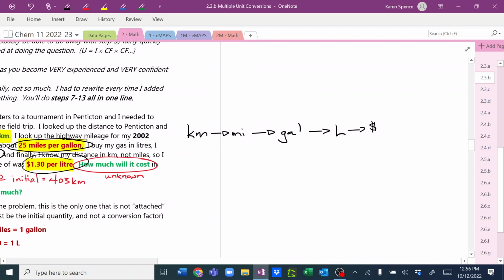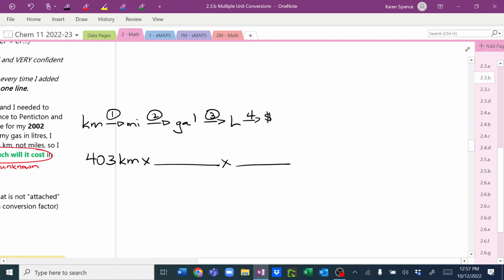Right? So now, once you've made that little chain, you can say I'm going to have 1, 2, 3, 4 steps. So I'm going to start with my 403 kilometers, and I'm going to have 1, 2, 3, 4 lines. Step number 1, going from kilometers to miles. Where should kilometers go?